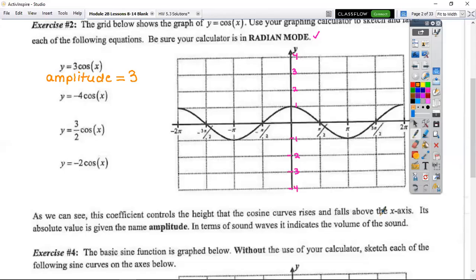So, same color in my hand as this one. I'm going to color coordinate these. So I'm going to go up to 3 and 0 and negative 3, 0 and 3. All right, we're going to draw a nice curve.